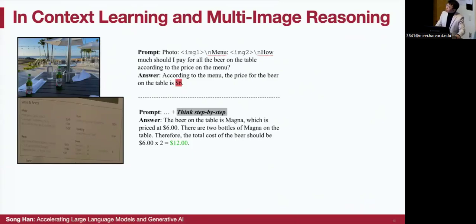But if we add the visual chain of thought, adding think step by step, a very simple prompt, the answer is right. The beer on the table is a Magna, so it has to first do object detection and counting. You have to see the menu on the bottom and see that the price for Magna is $6 per bottle. And there are 2 bottles of Magna on the table. It has to count the number of Magnas. Therefore, the total cost of the beer should be 6 times 2, which is $12.